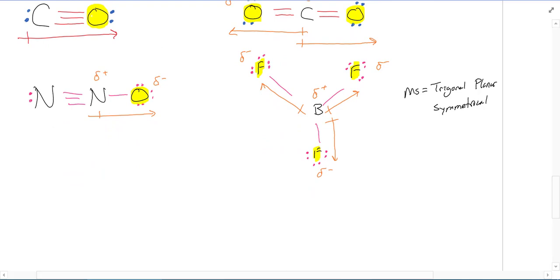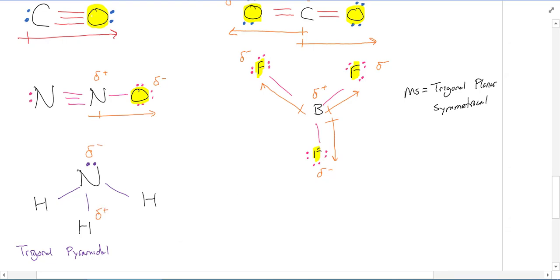Ammonia. 8 electrons. 2, 4, 6, 8. This is trigonal pyramidal, which means we'll have a negative side up top.